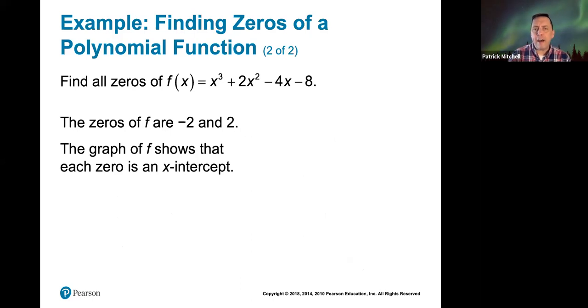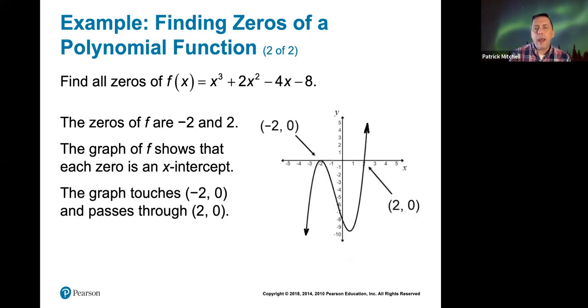The graph of f, which you'll see in a second, shows that each 0 is an x-intercept. And notice that the graph touches the x-axis at the point -2, 0, but it crosses right through the point 2, 0.